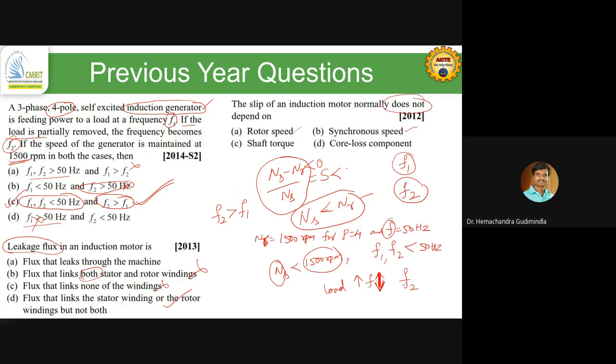That means if it depends on the rotor speed, then it depends on the slip. That means slip also depends on the shaft torque, but it is independent of the core loss component. Now we can say that the slip of an induction motor normally does not depend on the core loss component. So option D is the correct answer for this question.